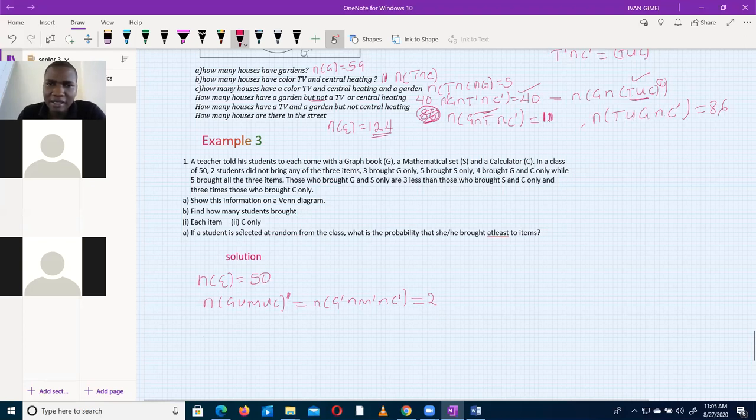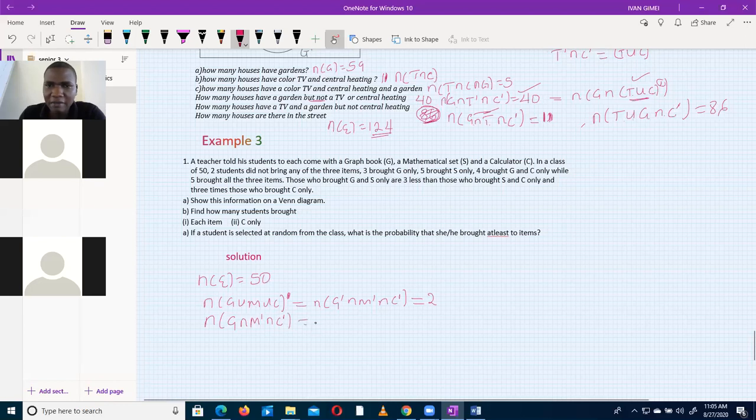Then the other one is 3 brought G only. 3 brought graph books only. How do you write that in set notation? G intersection M complement intersection C complement.